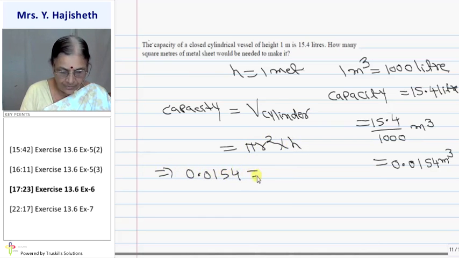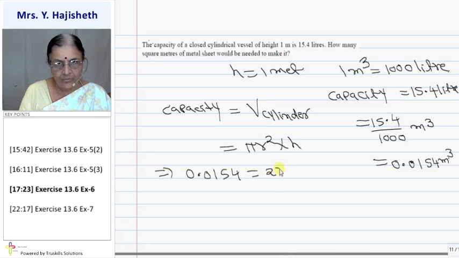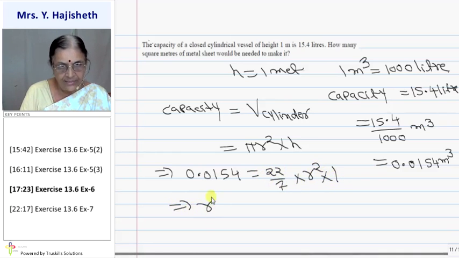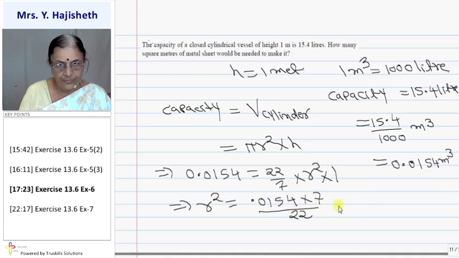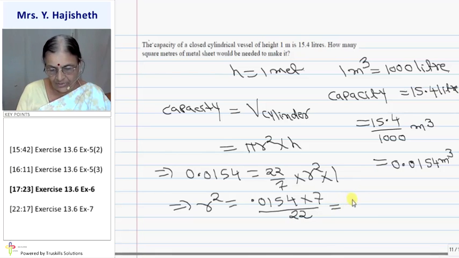0.0154. Pi is taken as 22 by 7. R square I don't know and h is given as 1. So my r square is 0.0154 into 7 upon 22. So it is 22 5, it is 7 by 10,000 into 7. So it is 7 by 2.